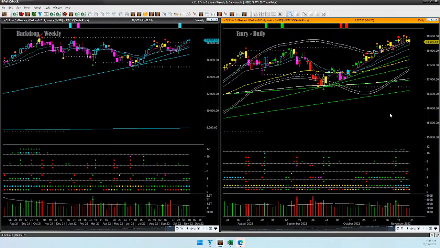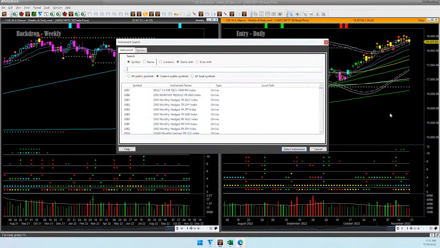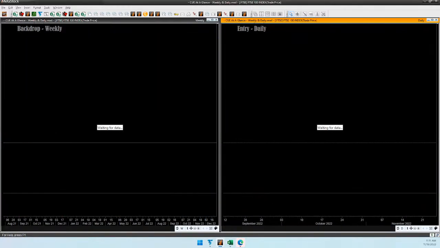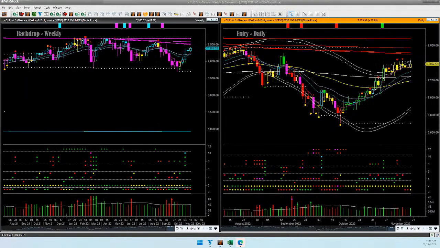Let's look at the last global market we study, UK's FTSE index. If we look at the longer term weekly chart, then it is inside a box. It is near the upper edge of the box.